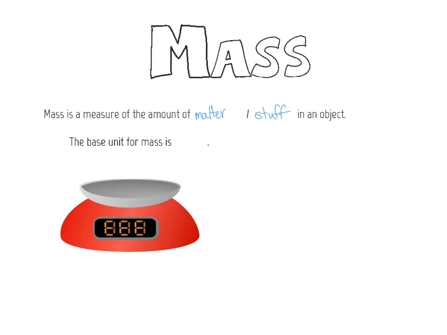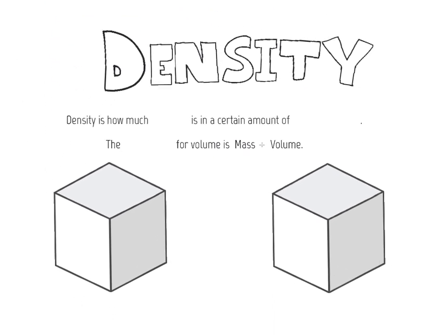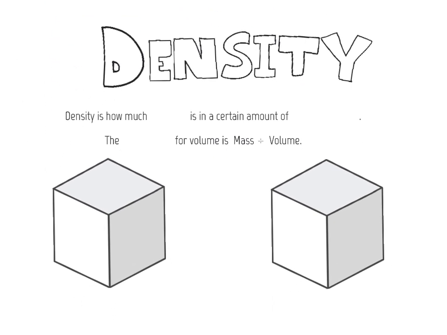But mass is just how much stuff there is, and the base unit for mass is actually the kilogram. A kilogram is a little over 2 pounds if you're more used to the imperial system here in the United States.